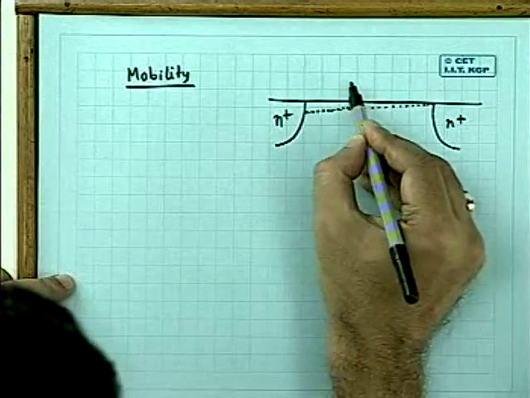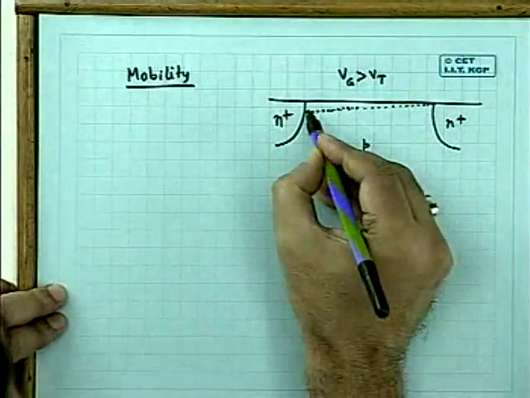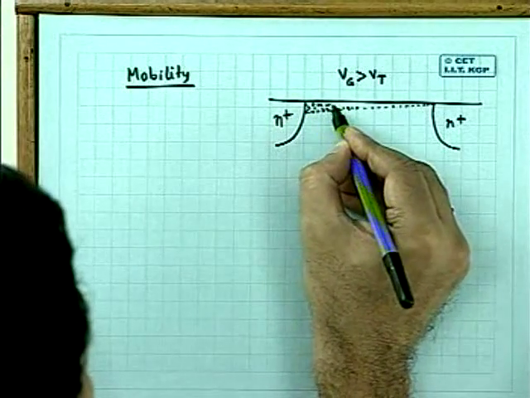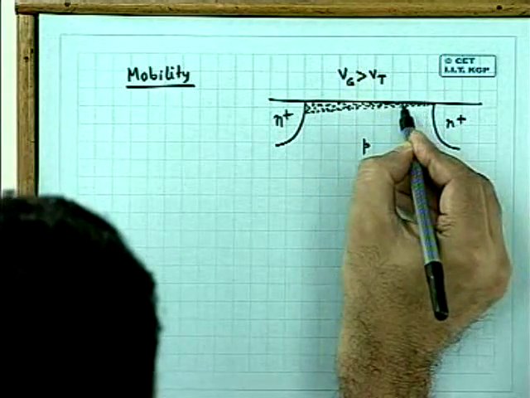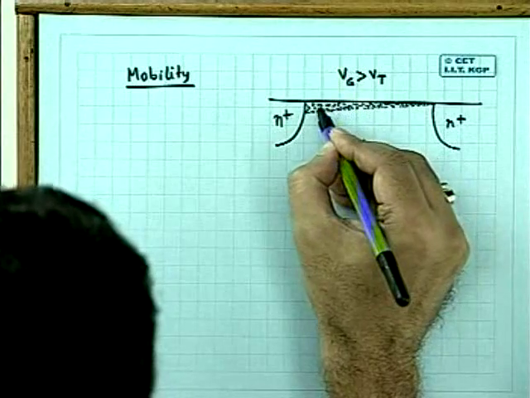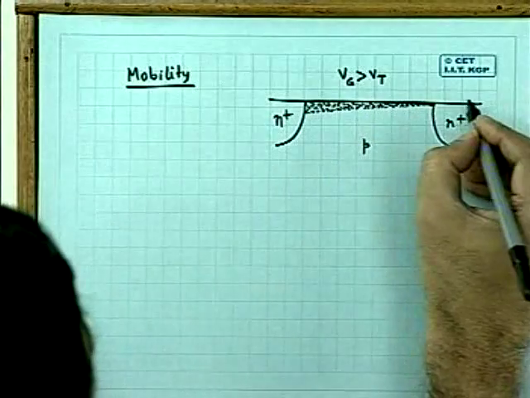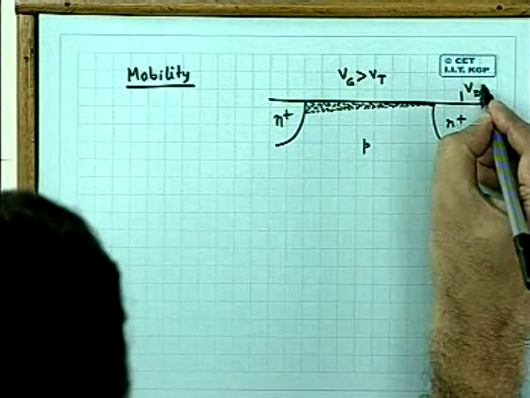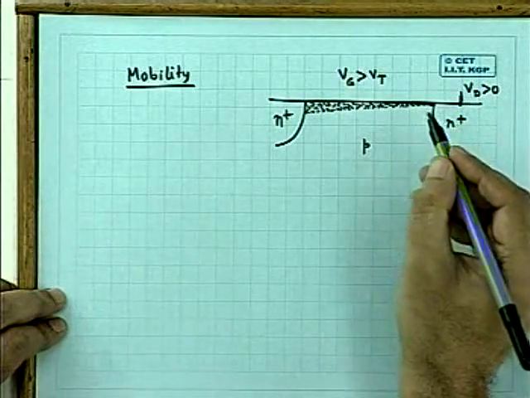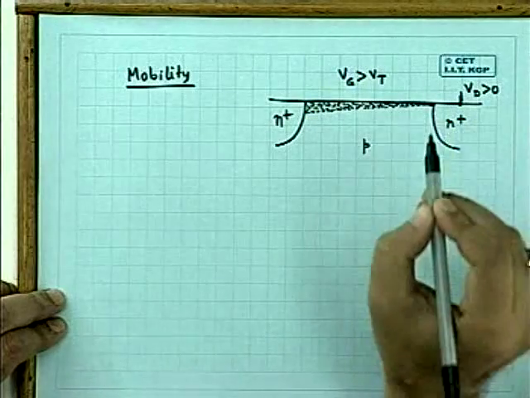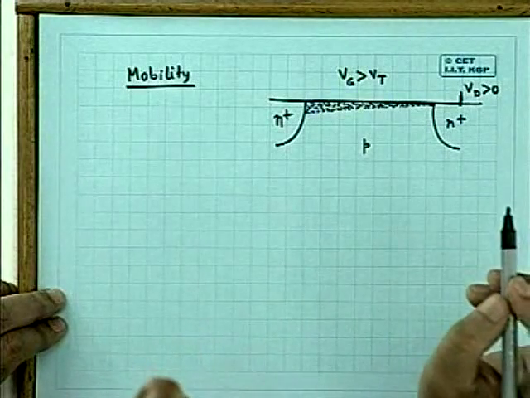When you apply a gate bias, which is more than threshold voltage, a strong inversion layer is formed. If drain bias is 0, the inversion layer will be uniform in thickness and density. But as we apply a little drain bias here, Vd more than 0, then the inversion layer charge density will gradually decrease towards the drain. In fact, at pinch off, this will be just 0. Qn at L will be just 0.